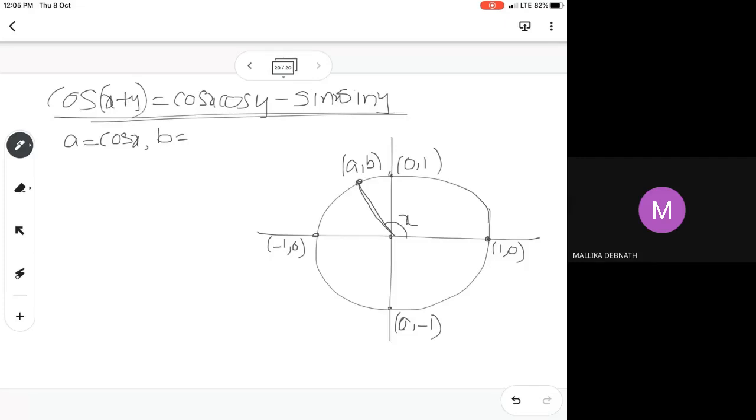So the coordinates of the point (a, b) are (cos x, sin x).